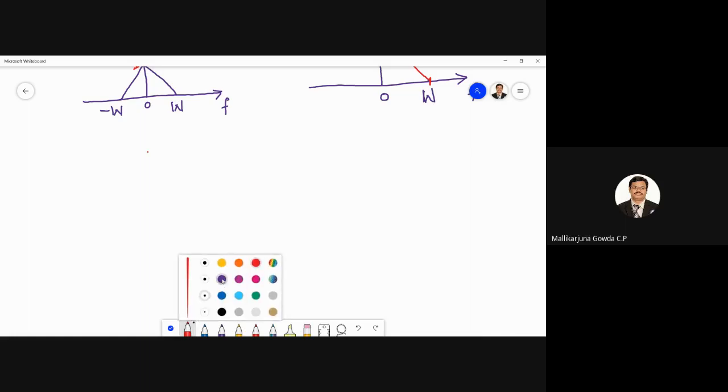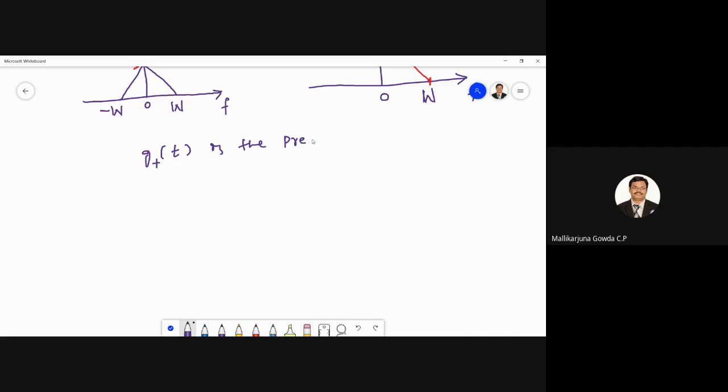G plus of t is the pre-envelope for positive frequencies.